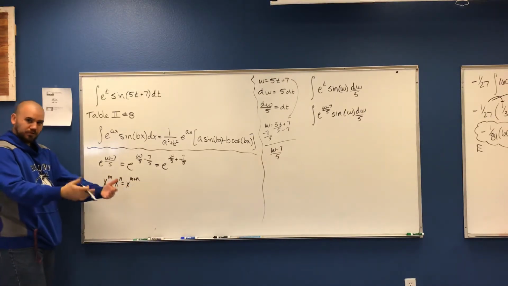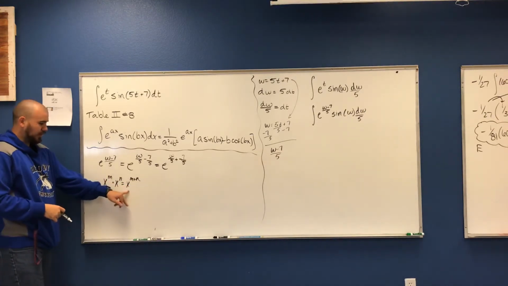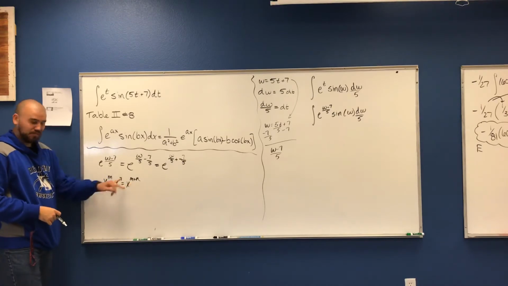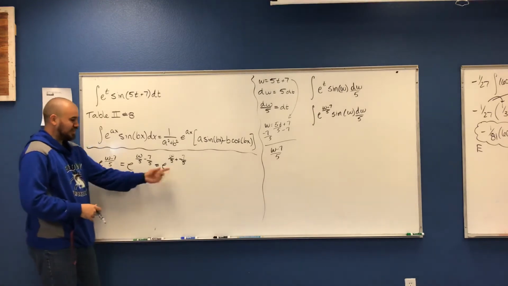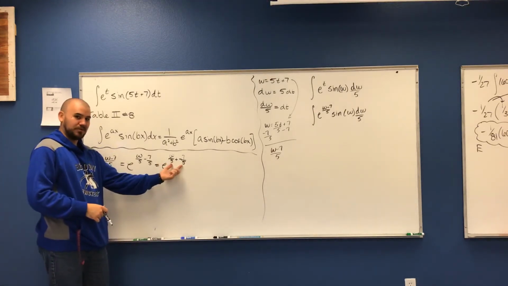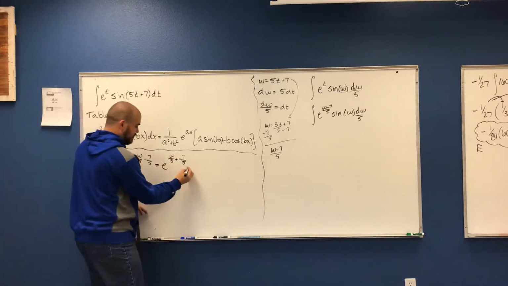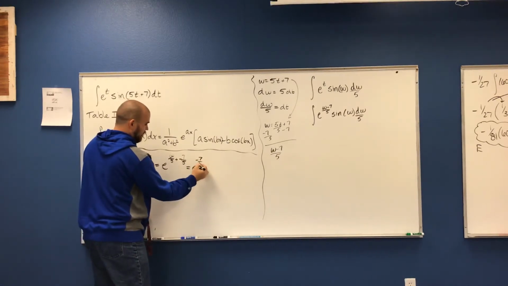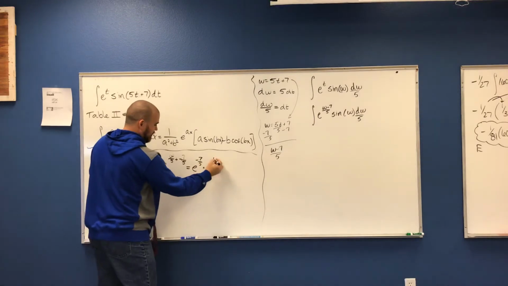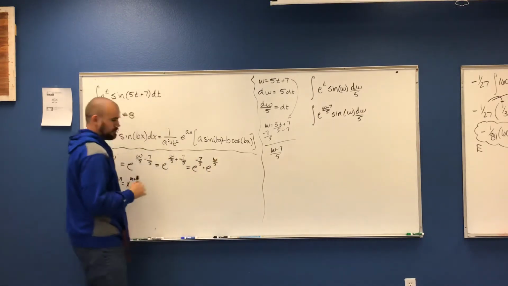Or in reverse, I can take x to some sum and separate that into the product of two bases. So if I have e to the sum of two exponents, I can separate this out into the product e to the negative 7/5 times e to the w fifths.